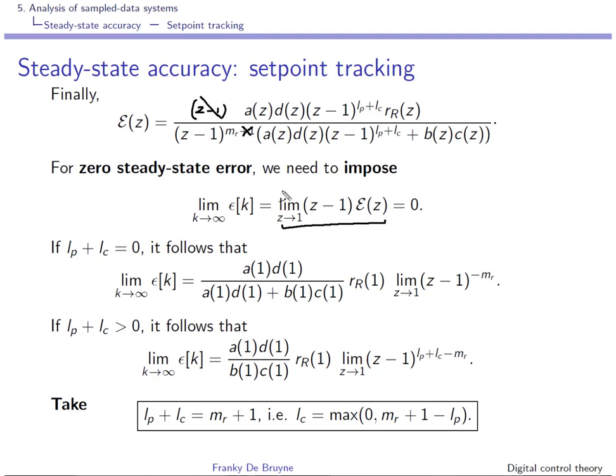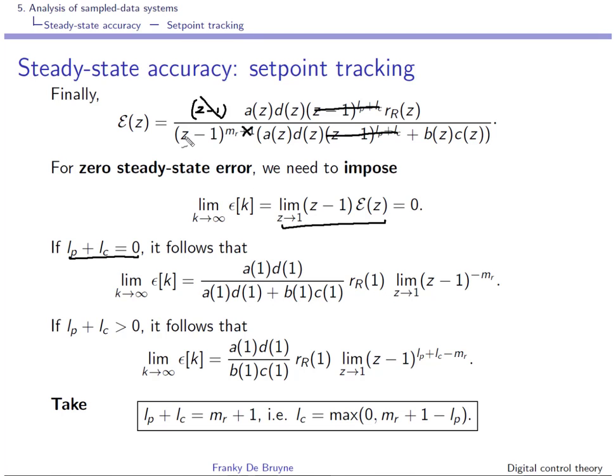Okay, and then we have to take the limit when z is tending to 1. So what we'll do is consider two situations. The first one is LP plus LC is equal to 0. If this is the case, well, then what you have is this one over here will disappear, right? And this one will disappear, right? And then you have to let z tend to 1, and this is what you will obtain.